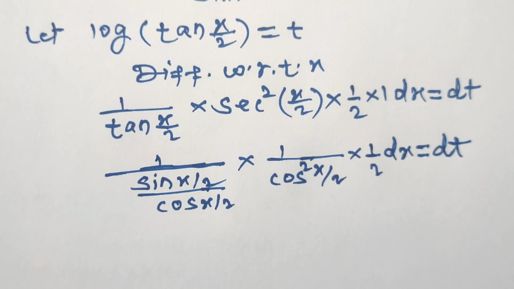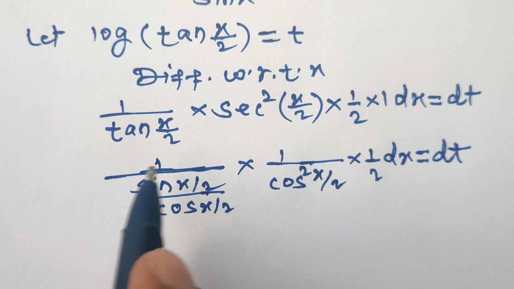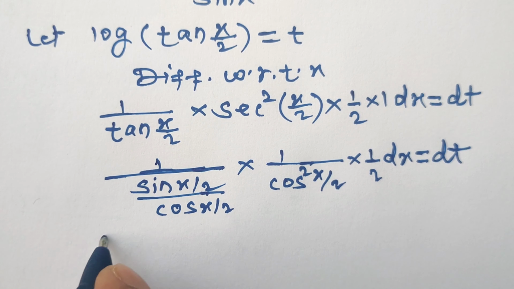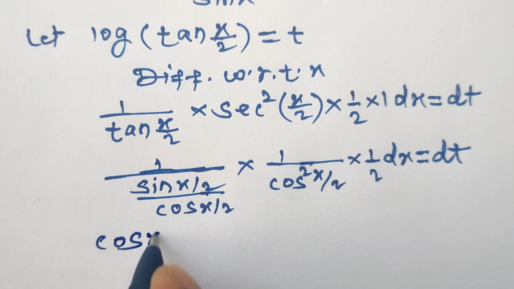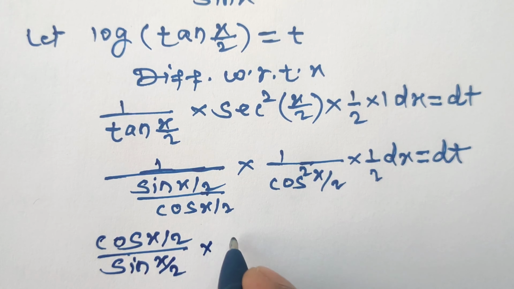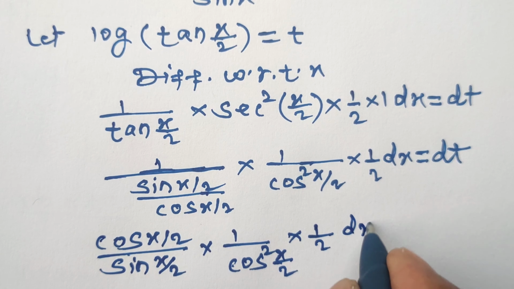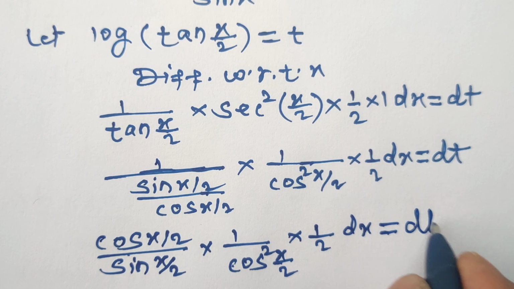Again simplify this. 1 upon sin x upon 2 divided by cos x upon 2 can be written as cos of x upon 2 divided by sin of x upon 2, into 1 upon cos square x upon 2, into this half, dx is equal to dt.